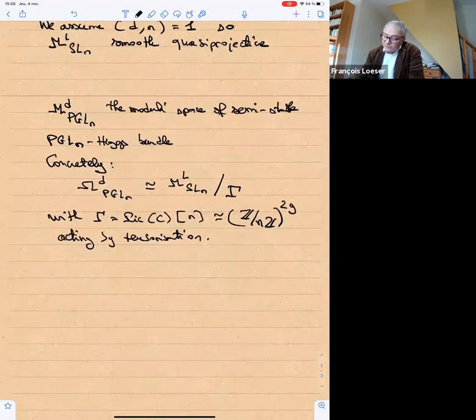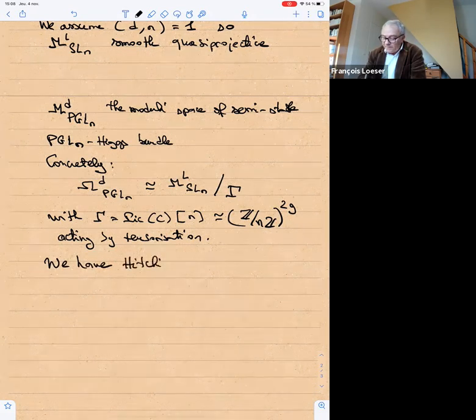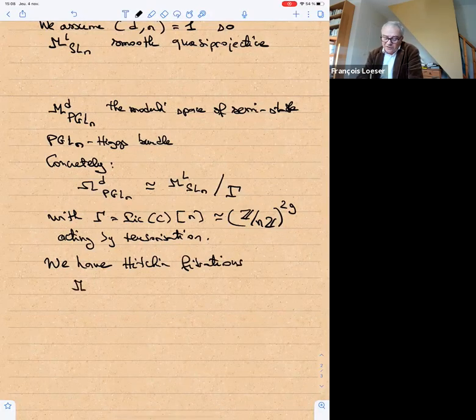These two different moduli spaces are connected via the Hitchin fibration, because they have Hitchin fibrations on the same base.